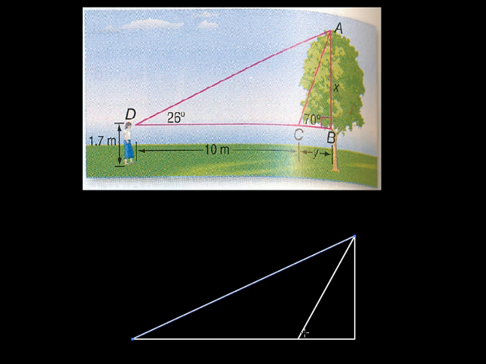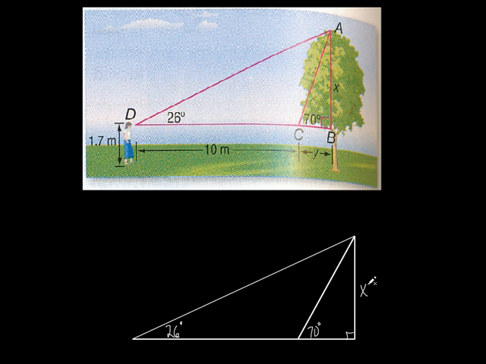That looks a little bit better without all the junk around it. This is 26 degrees right there. This is 70 degrees. This is 90, so it's a right angle.